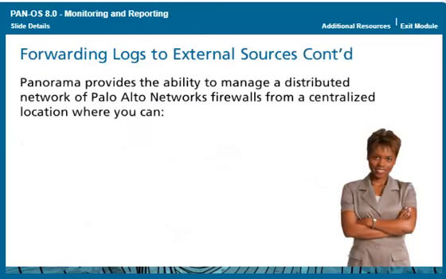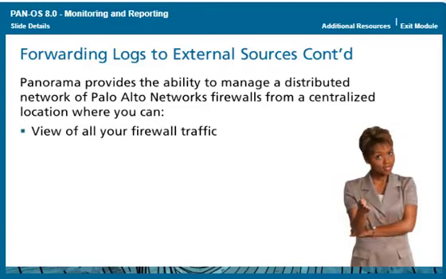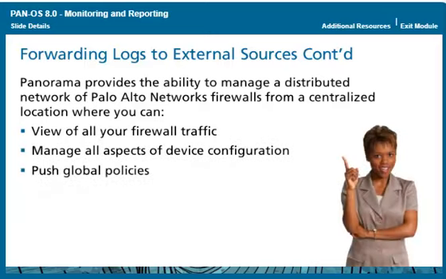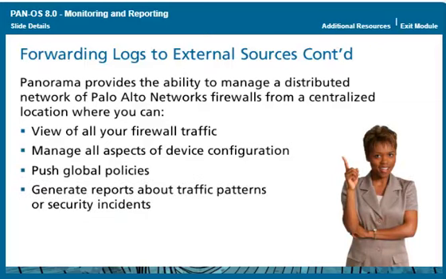Panorama provides the ability to manage a distributed network of Palo Alto Networks firewalls from a centralized location, where you can view all of your firewall traffic, manage all aspects of device configuration, push global policies, and generate reports about traffic patterns or security incidents.